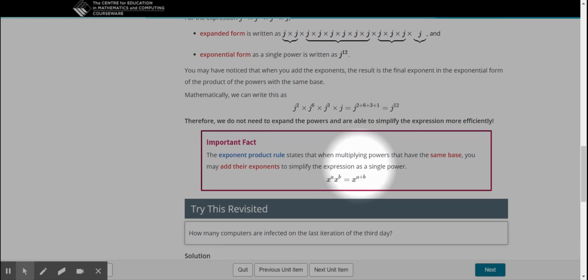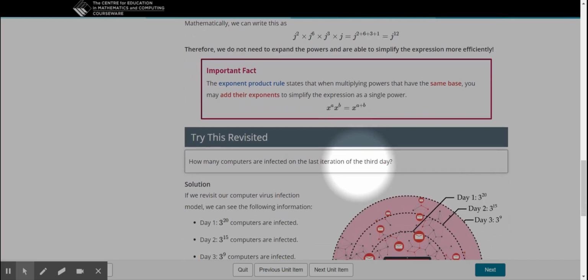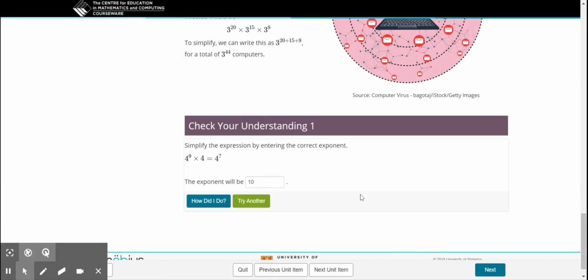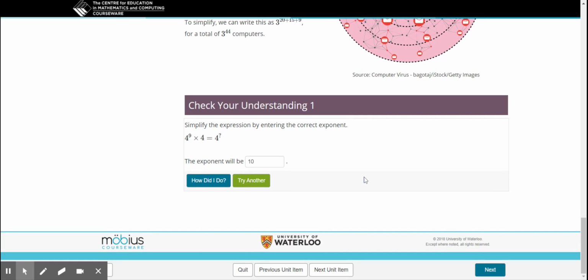From here, what we're going to do next is you're going to come and work on this exercise that makes sure you understood this idea. We want you to do at least 6 or 7 of these. These are pretty friendly, so let's do the first one together, and then you can move on. Simplify the expression by entering the correct exponent.